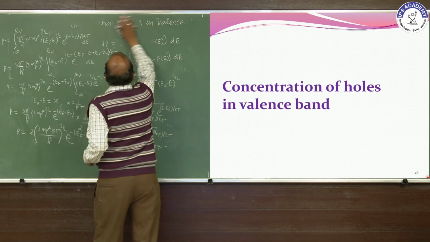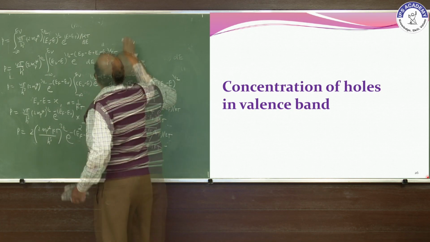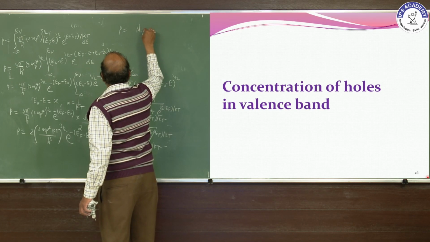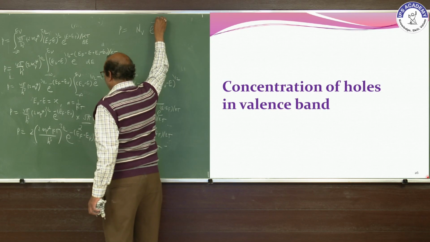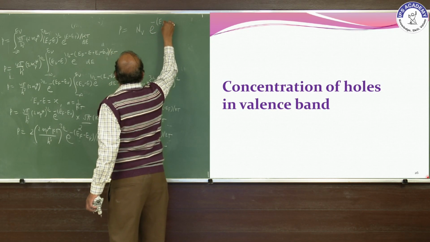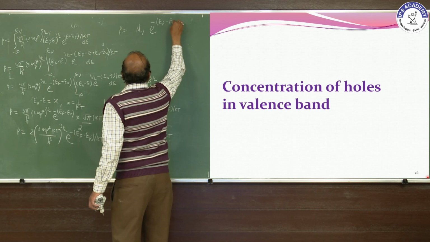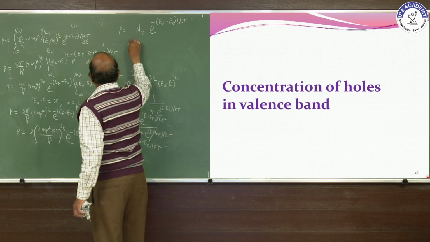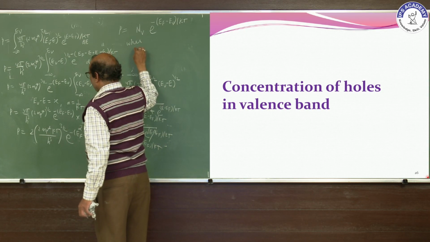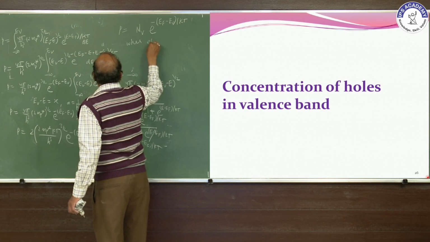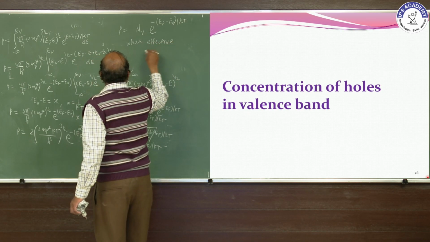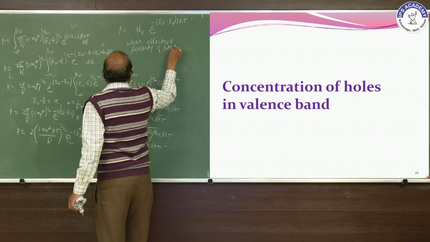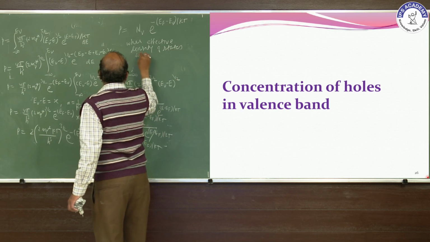Let us recall this as, again, p will be equal to NV into e to the power minus (EF minus EV) by KT, where NV is the effective density of states in the valence band.